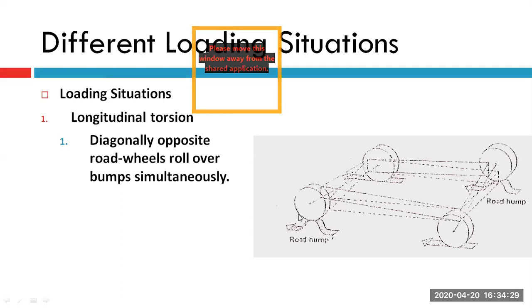So there are two wheels, the left front wheel and the right rear wheel. You can see that they are going over a speed breaker or hump on the road. And whenever you have such a case that diagonally opposite road wheels are rolling over bumps simultaneously, the vehicle is said to be subjected to a longitudinal torsion, right?